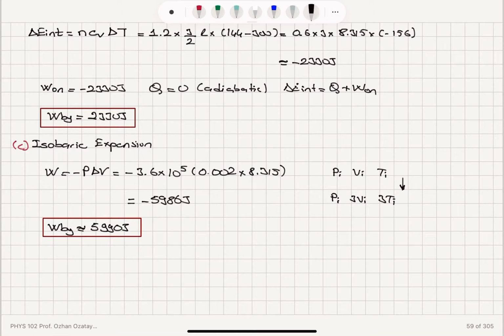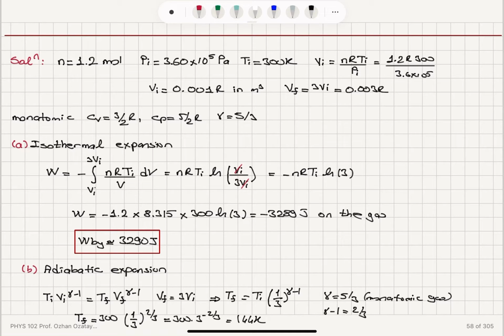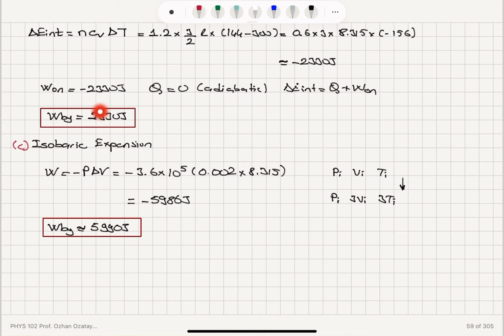So we have calculated the work done for all of these processes. If we compare these numbers, you can see isobaric is greater than isothermal, which is greater than adiabatic. So comparing the work done, isobaric is the largest one, greater than isothermal, and that's greater than adiabatic, which also makes sense because it's the area under the PV curve.